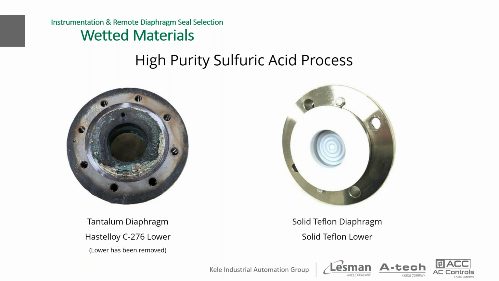The material selected here was actually very sound and is typical for sulfuric acid: a tantalum diaphragm with a Hastelloy C lower, or in some cases, you might even use a tantalum lined lower. It's very typical. But I believe the purity of this particular sulfuric acid was very high, and as you can see, the end result of how the process affected the diaphragm, it just kind of ate it away.